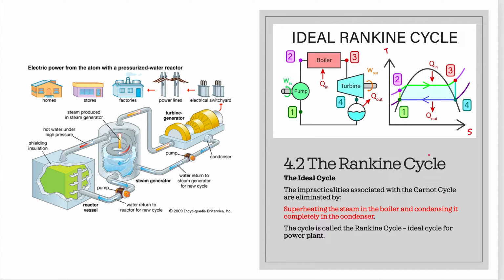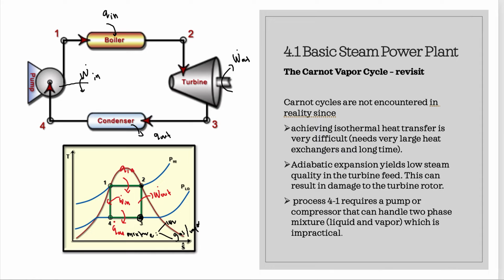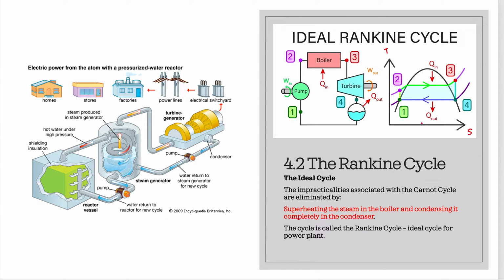Okay, next what happened is this in condenser we have two phase, which is mixture and liquid, and this is not practical, and we modify this problem so that we condense the mixture completely in a condenser so that the liquid that will go out from the condenser will be saturated liquid.